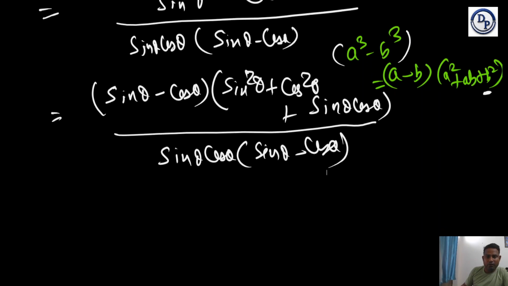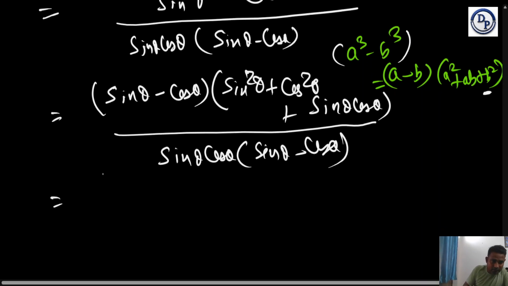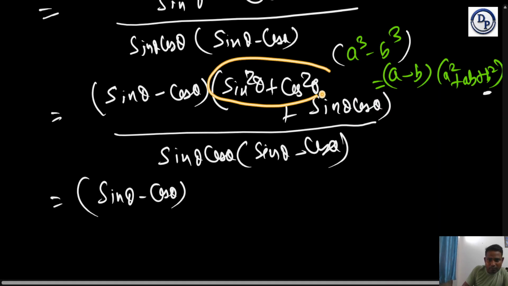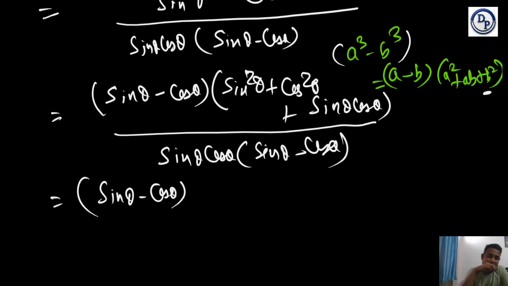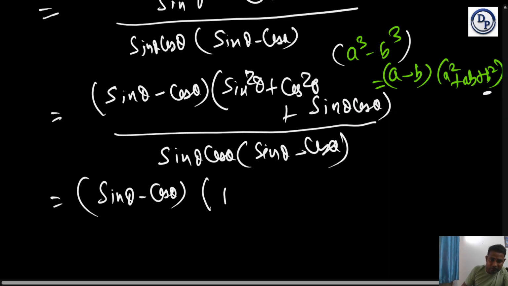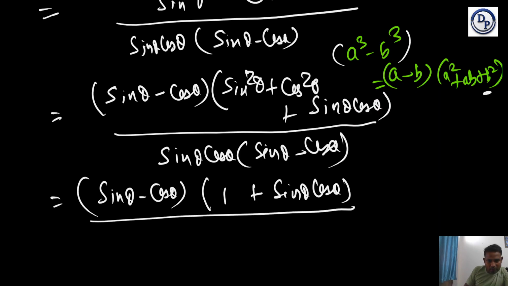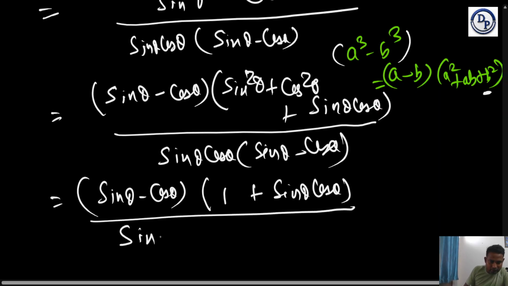Now what do we do? We can see this is sin theta minus cos theta. Again here we can see this is sin square theta plus cos square theta, and we know the identity: sin square theta plus cos square theta gives us 1, so we write 1 in the place of this. So now we are left with sin theta into cos theta here. In the denominator, whatever we are having, we write the same.